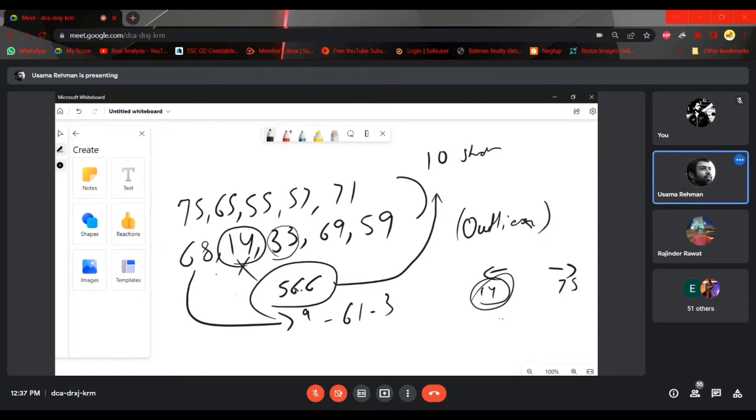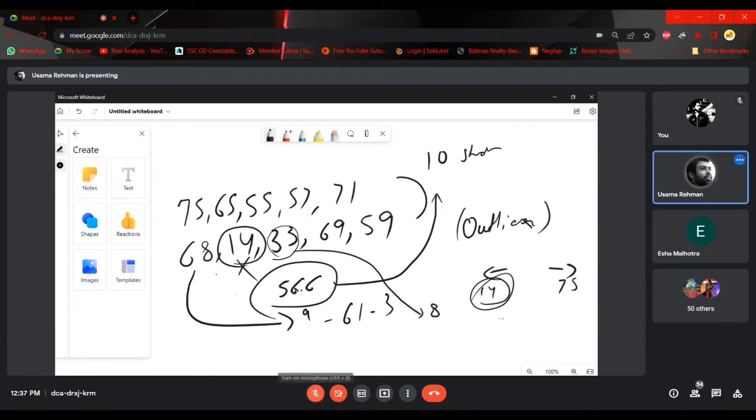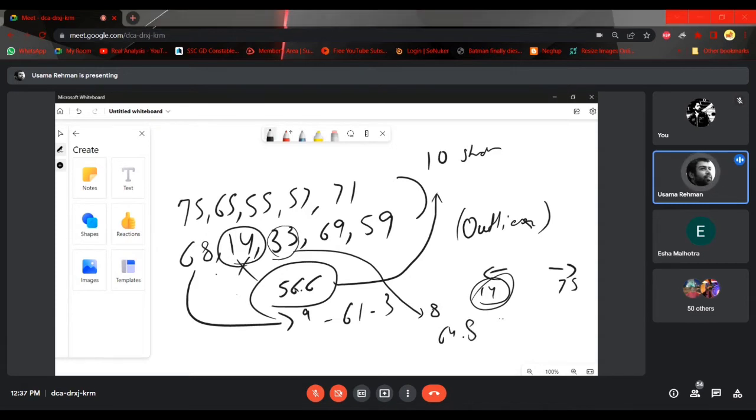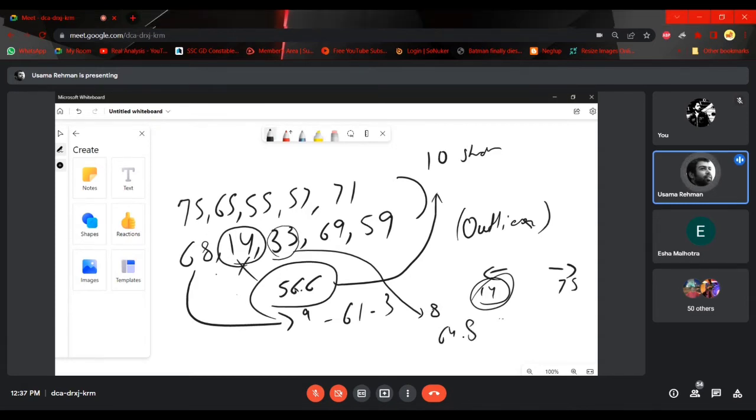Now delete 33 and tell me the mean of 8 people. 64.875. So I think we can say here, if we are ignoring outliers and not keeping them in our analysis, we are getting a mean which is a better description of the sample.